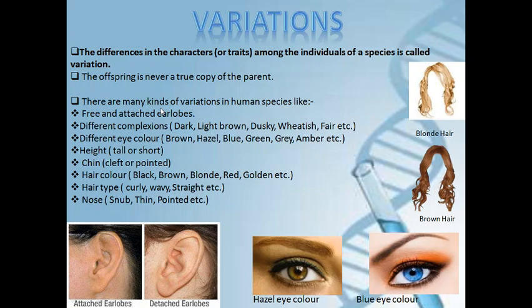There are many kinds of variations in human species, like free and attached earlobes, and different complexion. You may find people with fair complexion, dark complexion, light brown, dusky, wheatish complexion, color of the eye, hazel eye color, blue eyes.